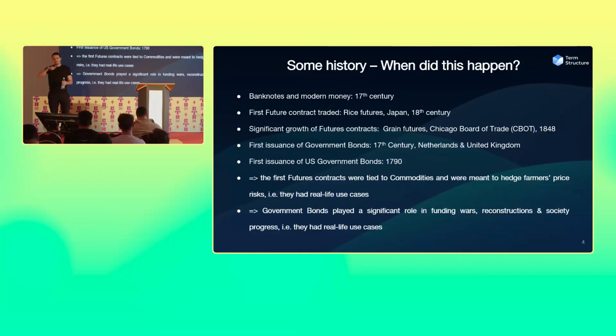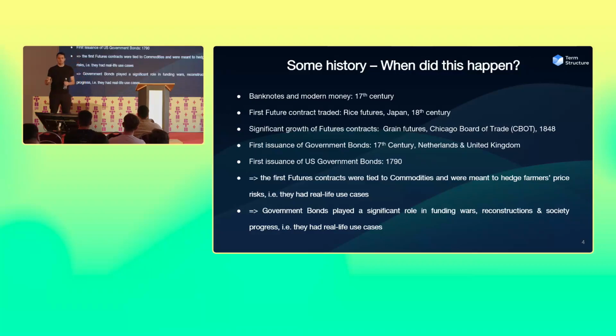And that's how futures were invented. They had a real-life use case, and that's how they got going. Then significant growth of futures contracts happened later in 1848 with the grain futures introduced by the Chicago Board of Trade. So that is on the futures side.